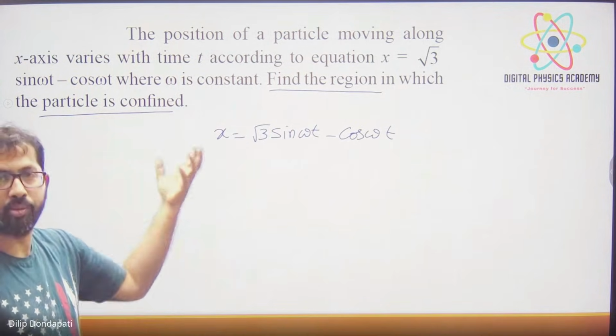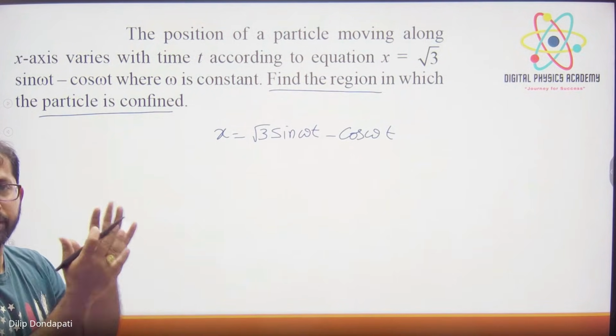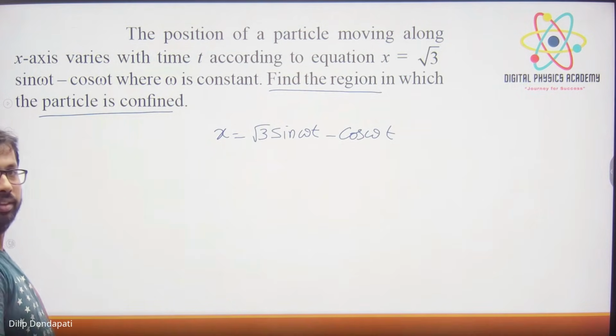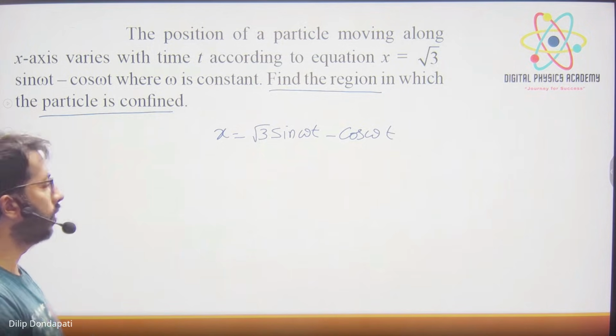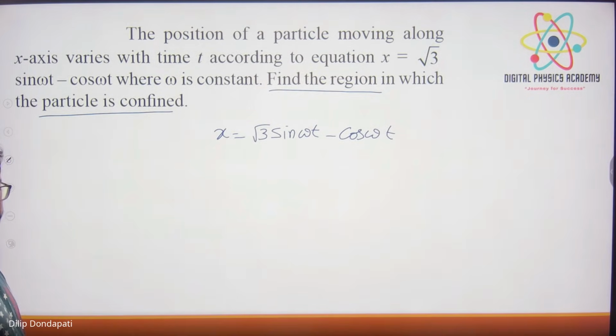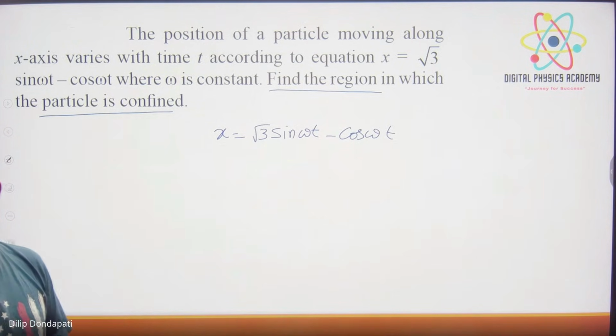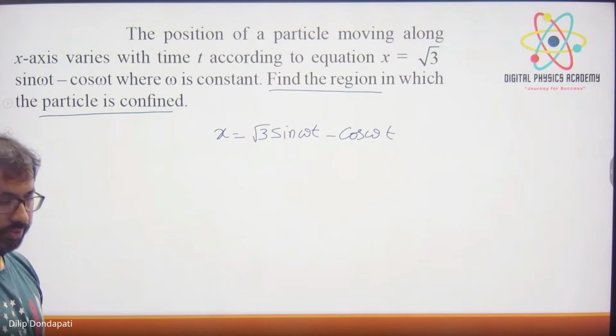That means the maximum and minimum value is asked, the region where this function is valid. So find the minimum and maximum value. It is in the form of a sin theta plus b cos theta. Find the maximum.